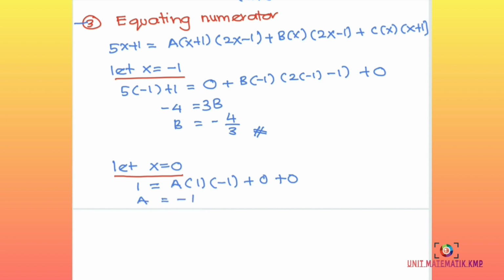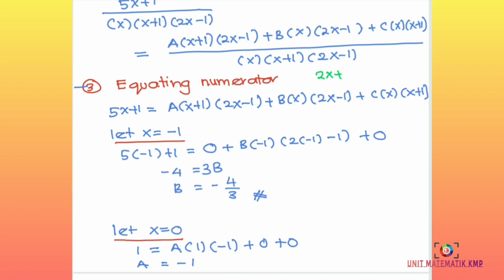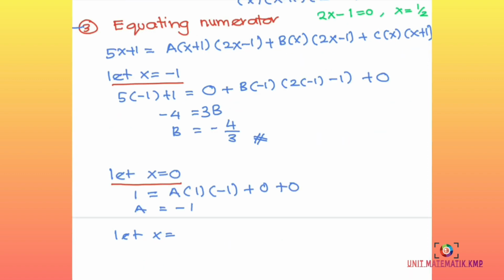Let's proceed to find the value of c. To find c, we can make the terms with a and b zero. To make them zero, we need to substitute x is 1 over 2, because 2x minus 1 is 0. Let x equal 1 over 2 and substitute into the equation of numerator.